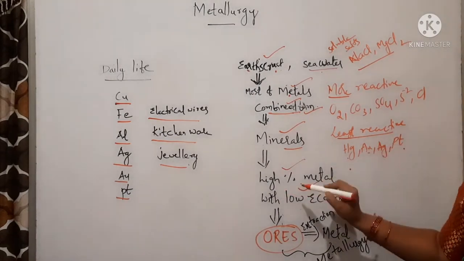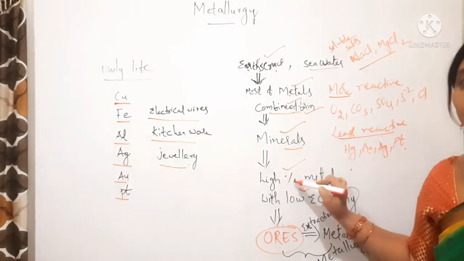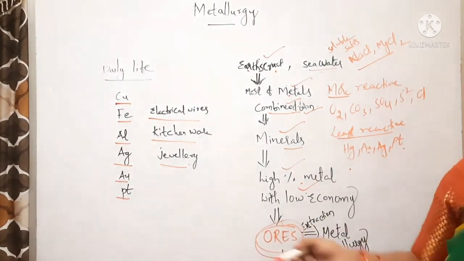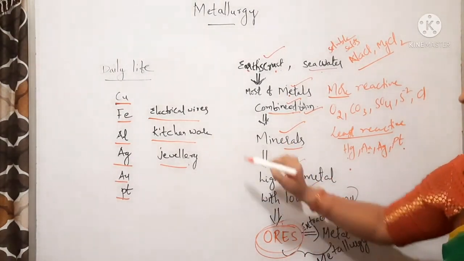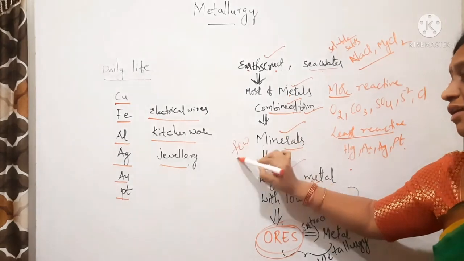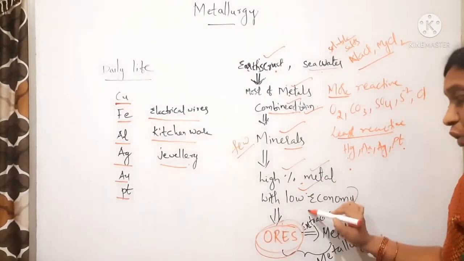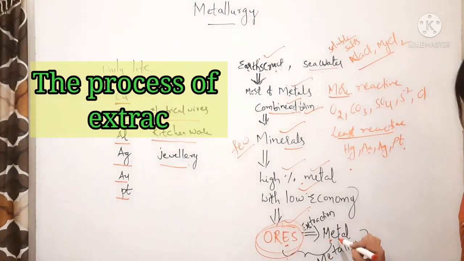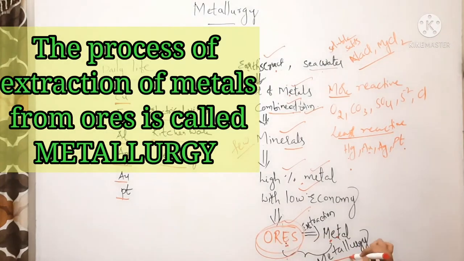Those minerals which give a high percentage of metal with low economy or low cost are called ores. So all minerals are not useful to extract metals. Only a few minerals that are useful to extract metal with high percentage and low economy are called ores. And this process of extraction of metal from the ore is called metallurgy.